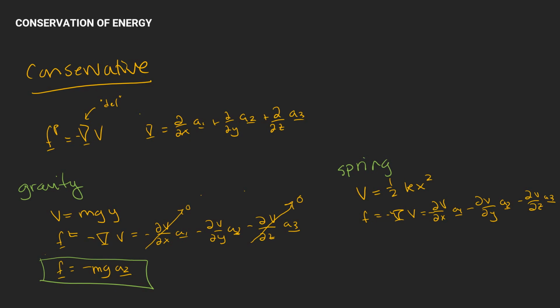And again, there are no y or z terms, so these will go to 0. If you take the derivative of this potential V with respect to x, you get kx, so negative kx A1.